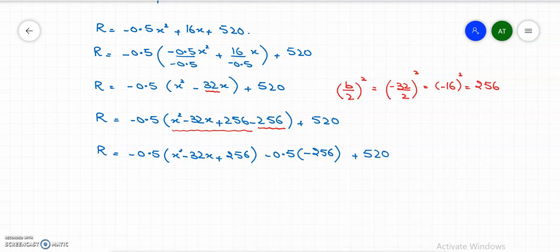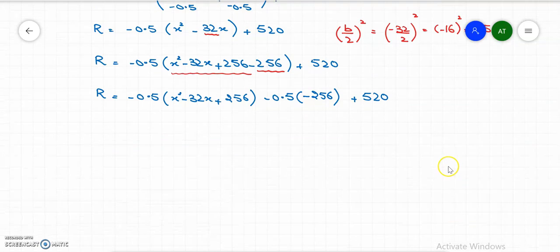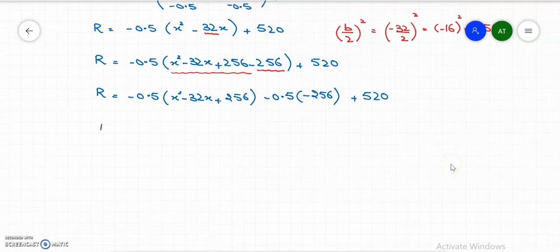Okay, now let's complete the square. So we have r equals negative 0.5. How do we complete the square? We use the formula a square minus 2ab plus b square. So that would be equal to x minus 16 whole square, right?